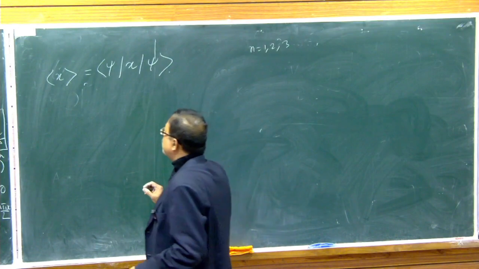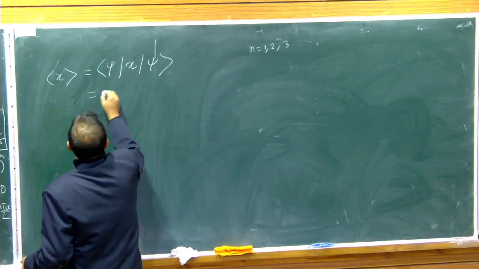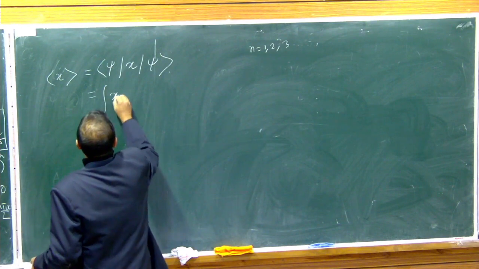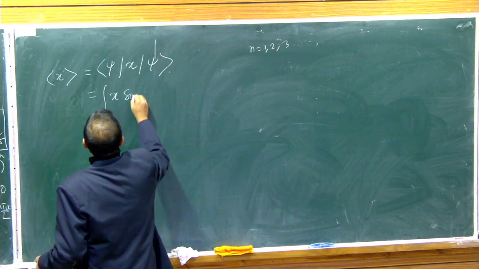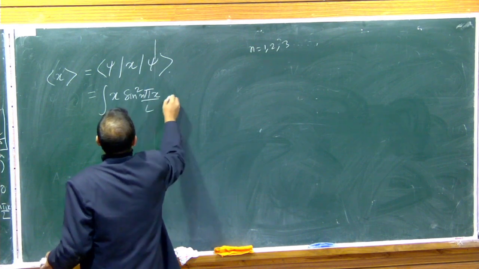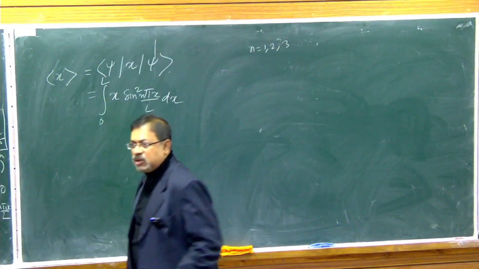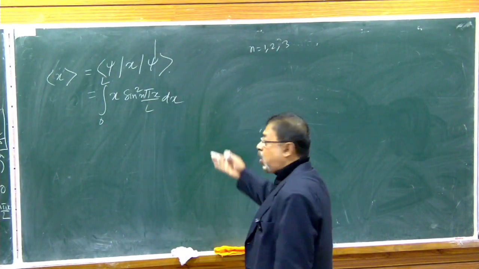Of course, for the symmetric problem this is equal to 0, but for the 0 to L case it doesn't need to be. So this is the integral of x sine square n pi x by L dx, from 0 to L, and you can solve this integral.